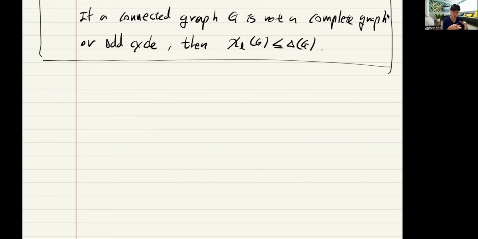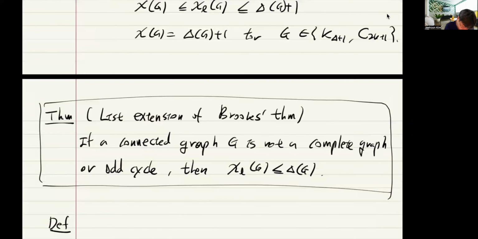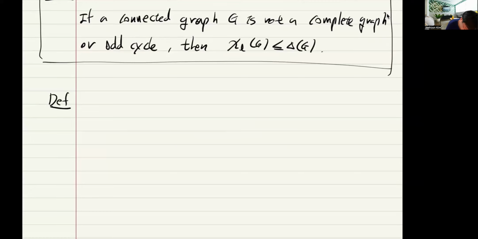And while you're dealing with one piece, you can use the information on the previous piece, how you colored those, and that puts some restriction on the current piece. So that's why it's useful. In terms of that, let's define some concept and collect some basic properties of it, which will be useful for us to prove this list extension of Brooks theorem.